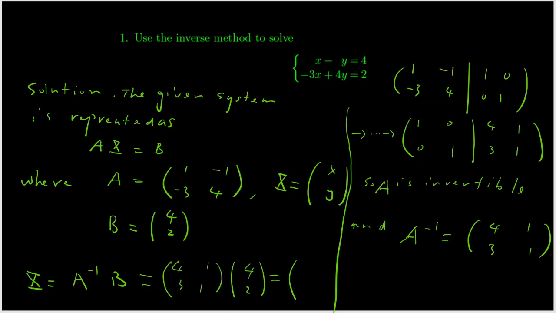You use that row to multiply that column. I think you have 4 times 4, 16, and then 1 times 2. So 18. I think 18 is that number. And then 3 times 4 is 12, plus 1 times 2 is 14.